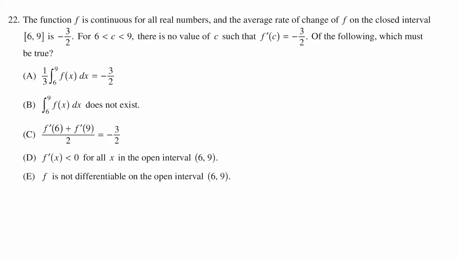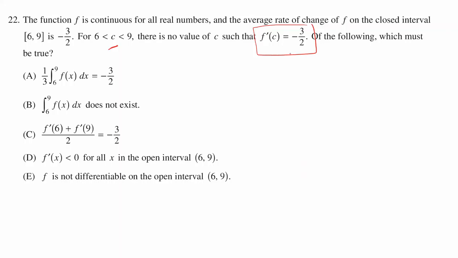Number 22 says the function f is continuous for all real numbers, and the average rate of change of f on the closed interval from 6 to 9 is negative 3/2. There's no value of c such that the derivative equals negative 3/2. Which of the following must be true? So when it says that, nowhere does the derivative equal negative 3/2.